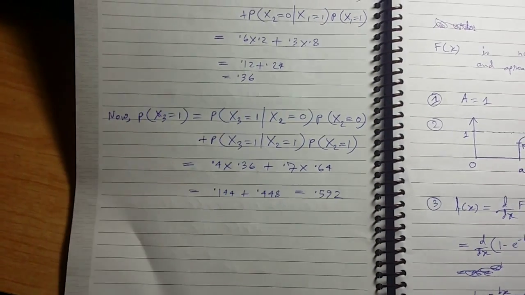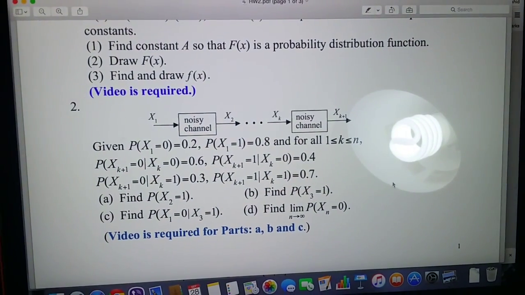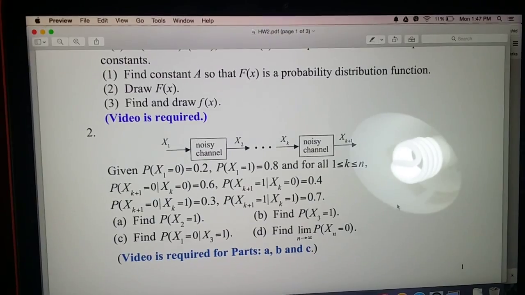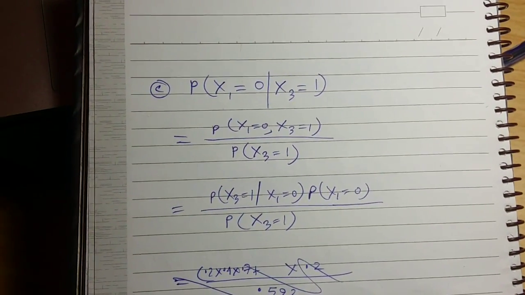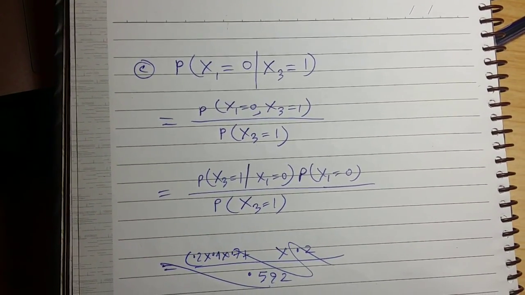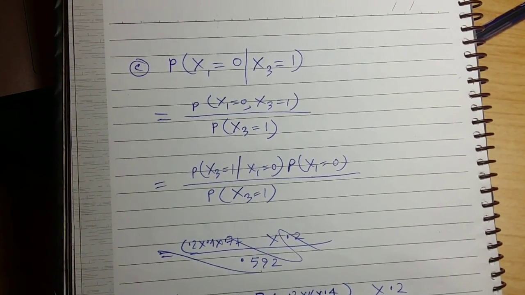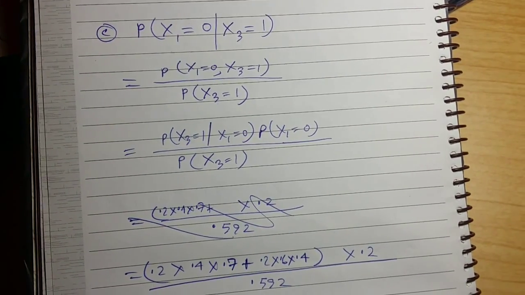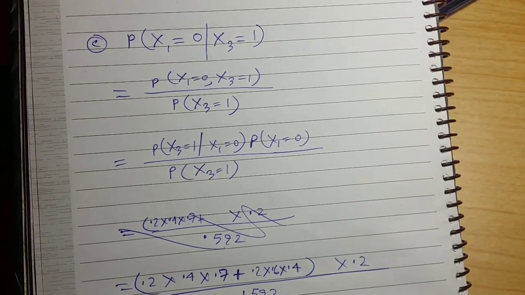Now for the last part, we need to find out the probability when x1 is equal to 0 given that x3 was 1. So here we can see that using the formula of conditional probability we use the Bayes formula to divide the things, and now we find out the probability x3 is equal to 1 given x1 is equal to 0.